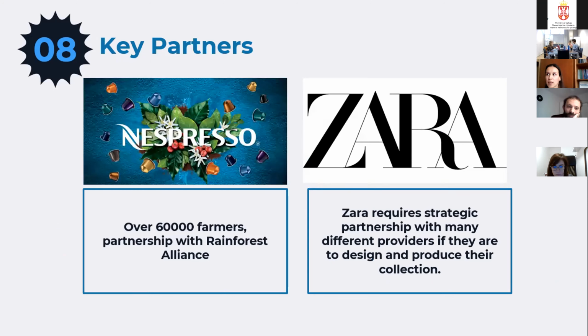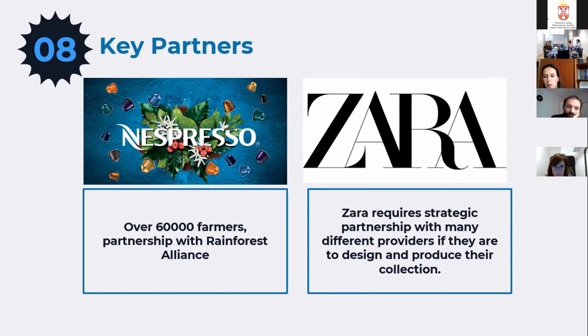We can see in the case of Nespresso and Zara which are the key partners. Nespresso works with farmers, but also developed a partnership with Rainforest Alliance, and with a Chinese company which produces coffee machines.